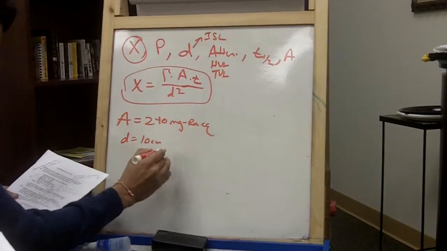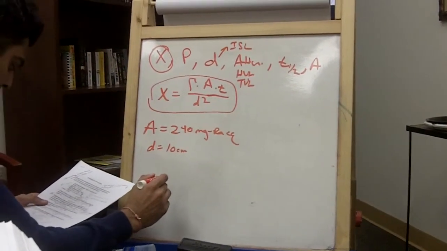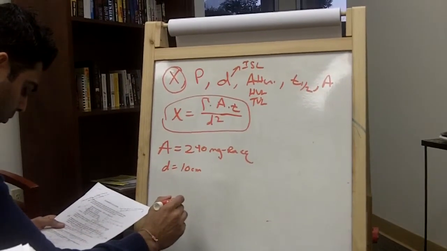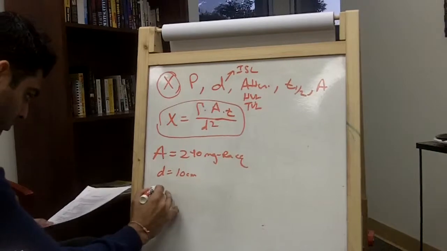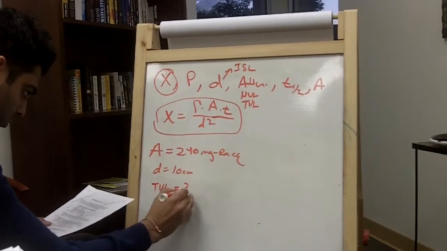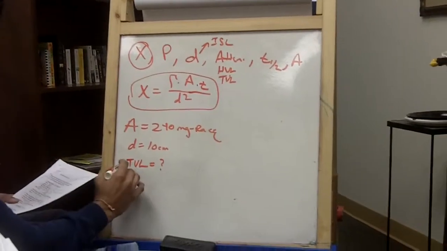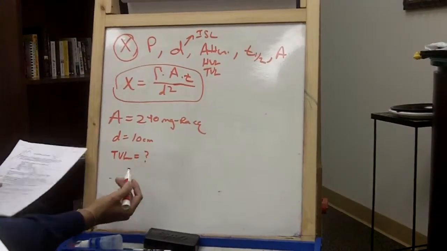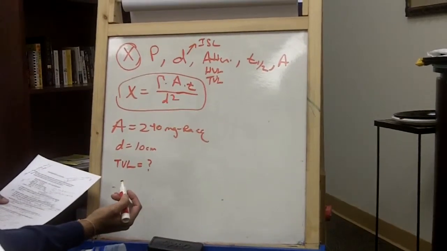How many tenth value layers of shielding must be placed around the source to reduce the exposure rate on the surface of the container to less than 2 milliroentgens per hour? So what they're looking for is how many TVLs. I wrote TVL question mark, that's what we're looking for.